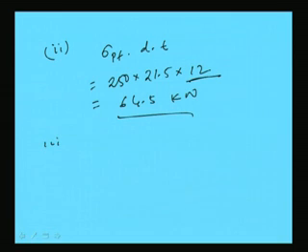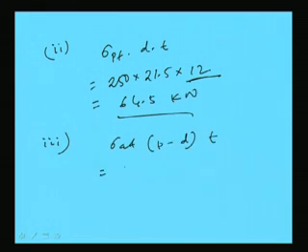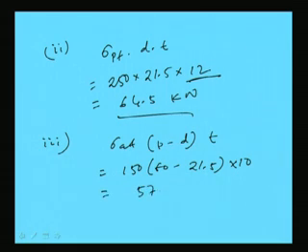Again, strength of angle per pitch length will become sigma AT into P minus D into T. That means 150 into 60 minus 21.5 into 10, so this will become 57.75 kilonewton.